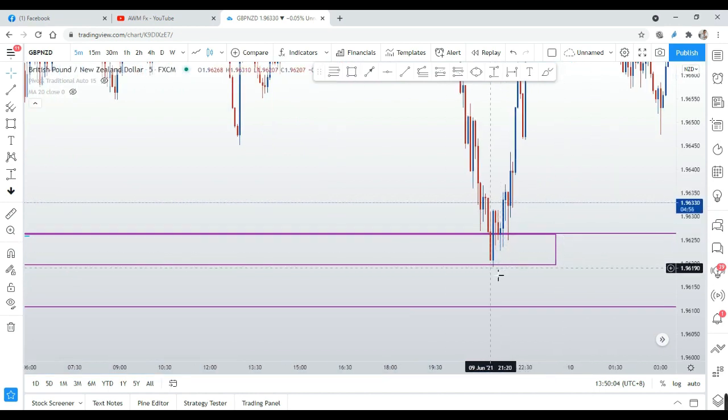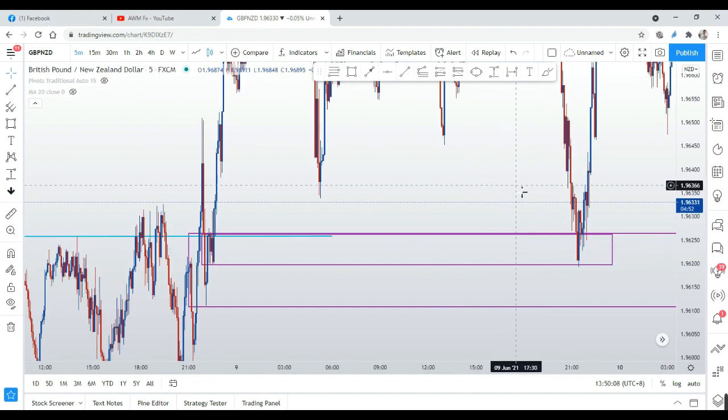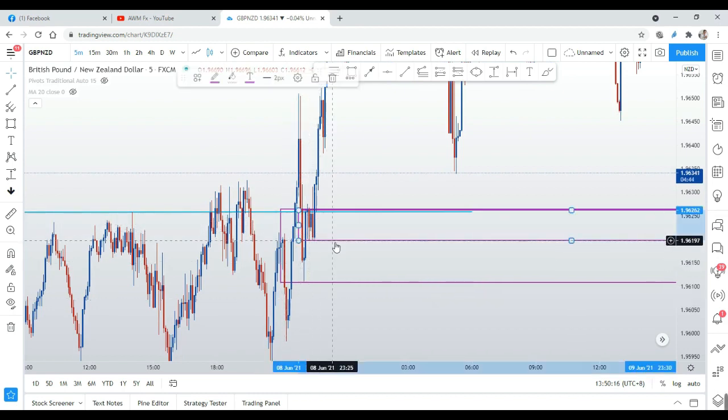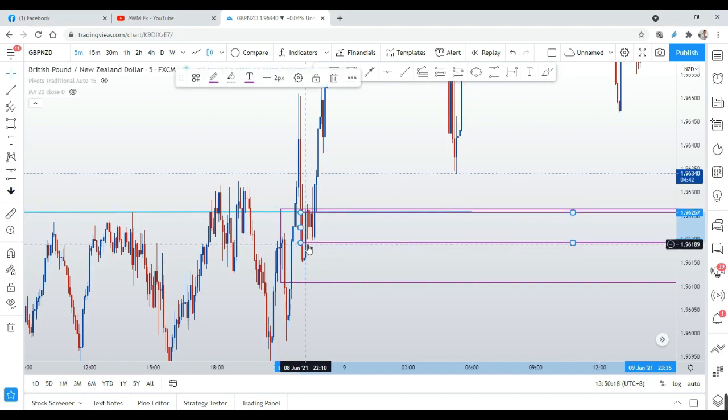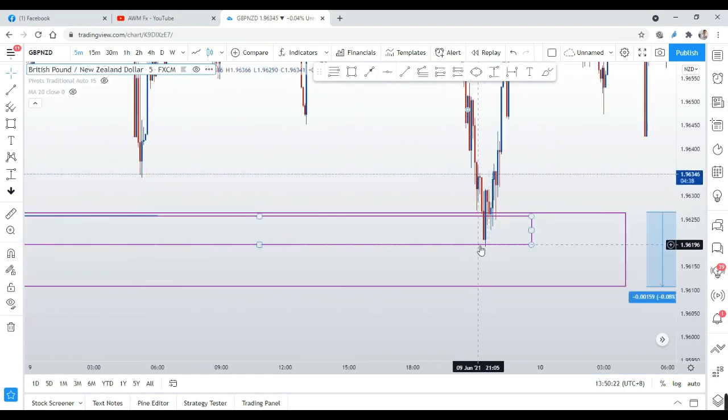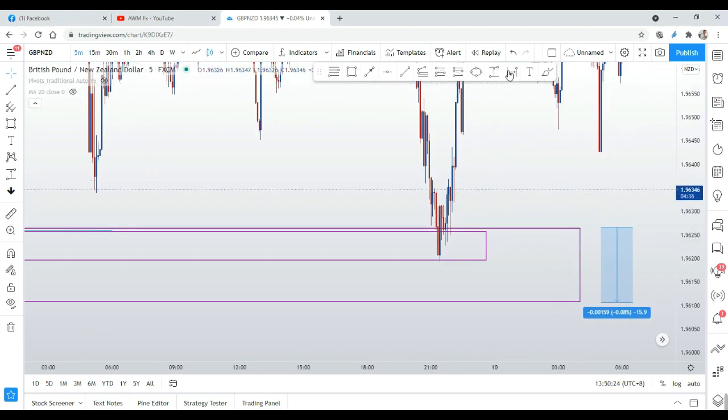So it comes out a bit. All right, it comes out a bit before it reacts. Because this is a fresh zone, the only fresh zone available here, right? Yeah, this is the only fresh zone. Sometimes the price might go through a bit before it reacts.